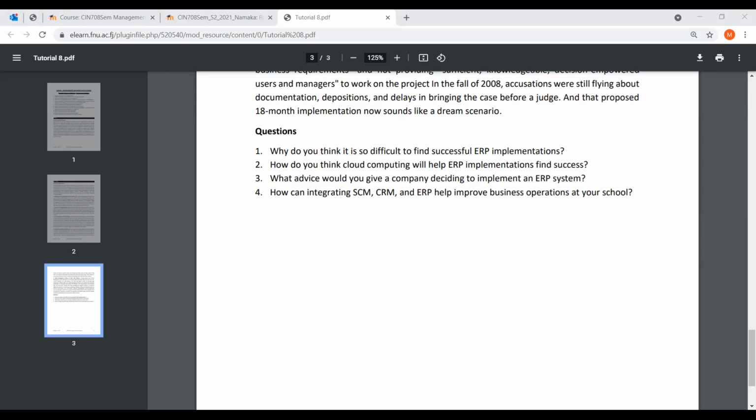ERP systems span, that means it's spread over, every department in the company, comma, a difficult task for people and machines. Full stop.